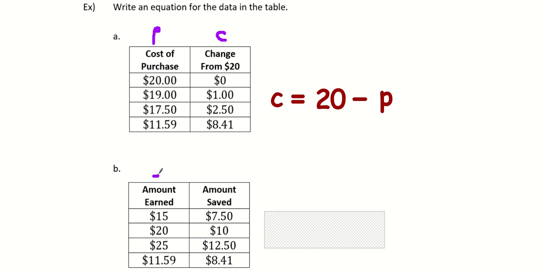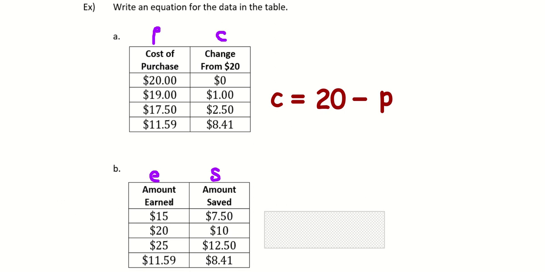Amount earned. I'm going to go out on a limb and say in the equation we're going to call that E, and make sure this doesn't look like a 5, which it could. I like writing with a mouse. Looks like a snake, so I guess it's fine.